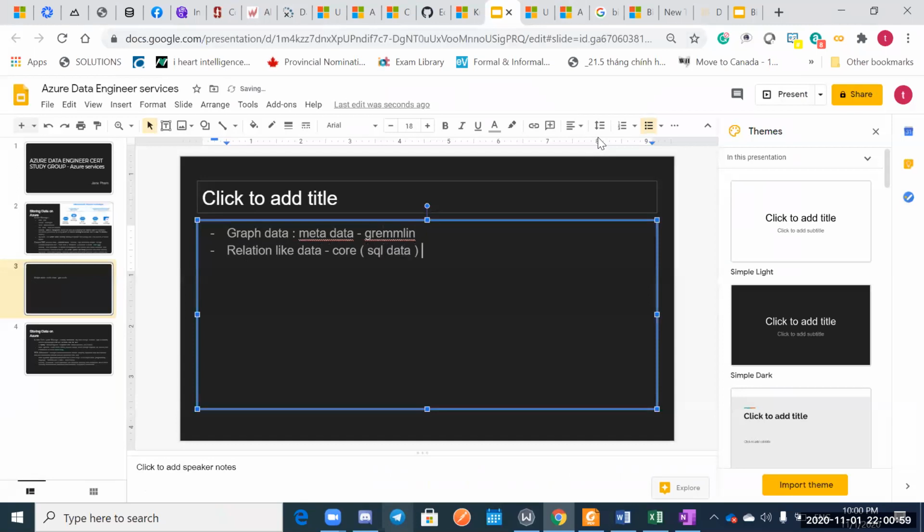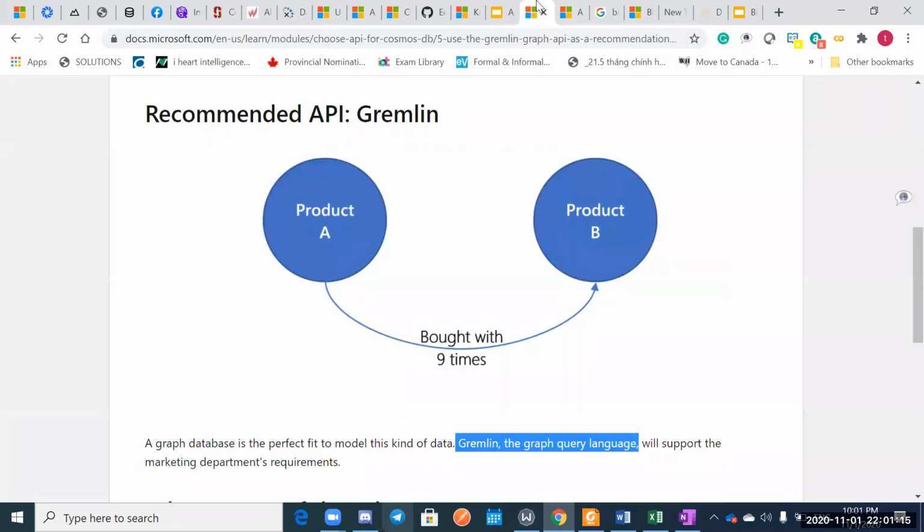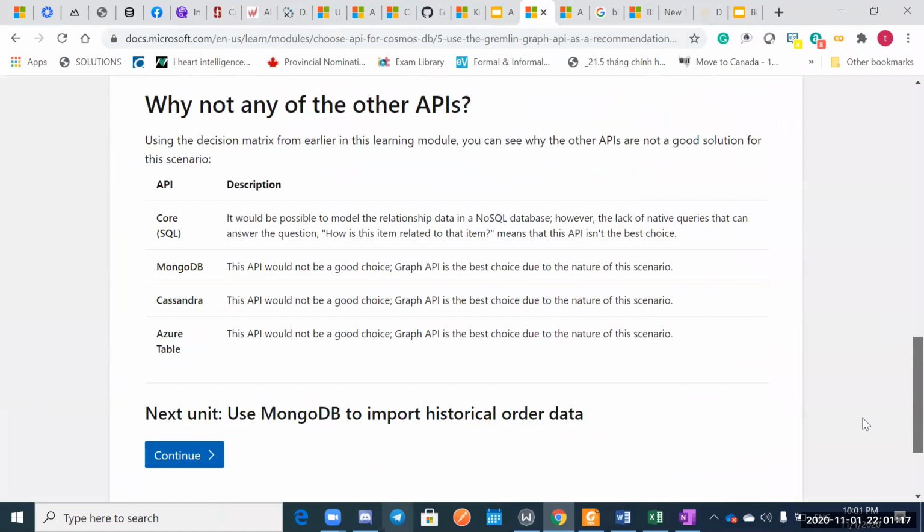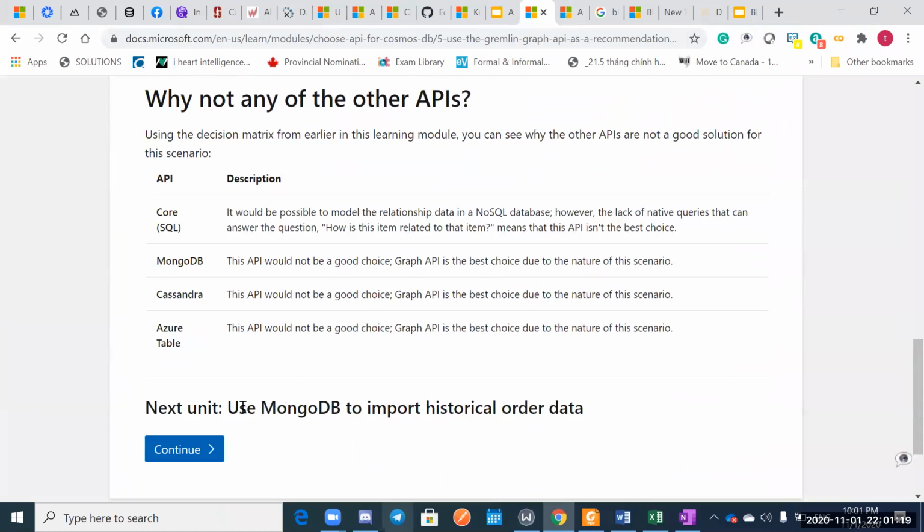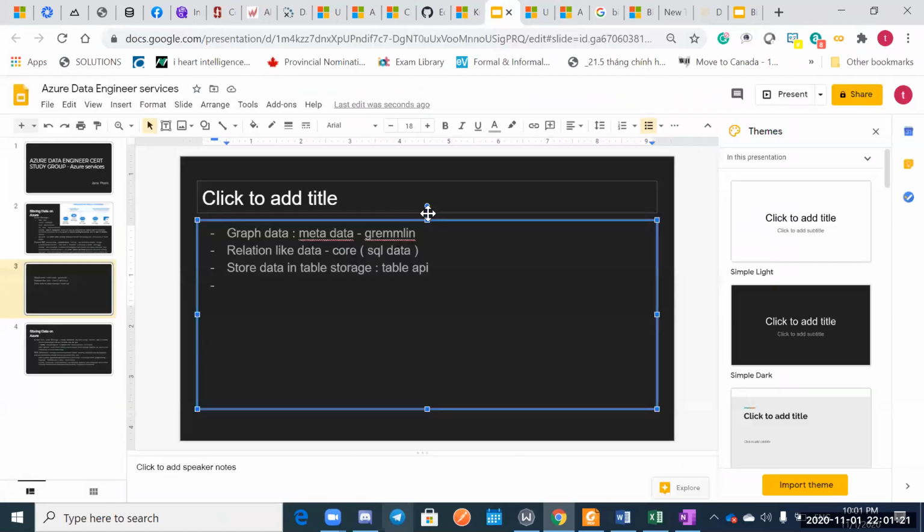If you store data in table storage, you have to use the Table API. Then let's see what Cassandra and the others do. So remember, Gremlin is the Graph API.